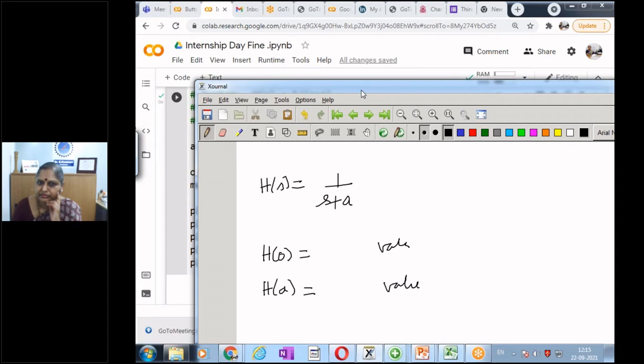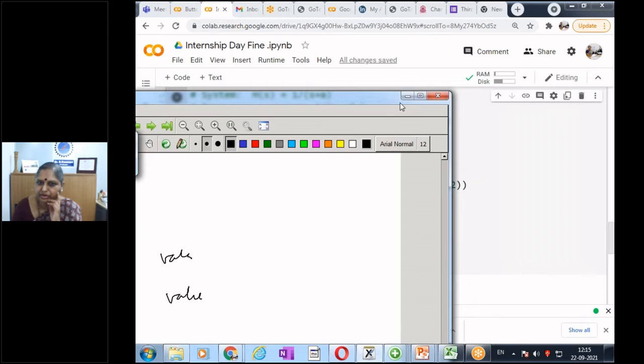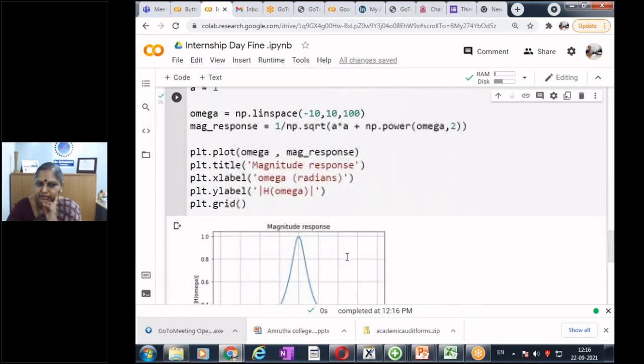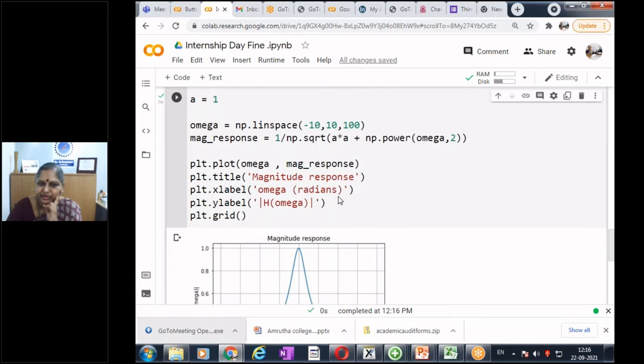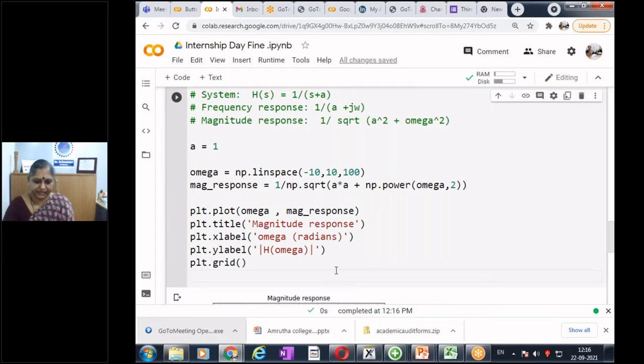From your plot, what is the value? Omega equal to 0, what's the value? What's the value when omega equal to a? If you want to type it, you can do a print command. Maybe we'll print it here only.